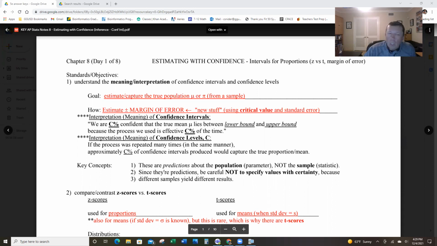The goal, as you can see from the cursor here, is to estimate or capture the true proportion, mu or pi. Mu is the true mean, pi is the true proportion. And that's the goal. You're trying to estimate it from a sample. In politics, it's really important to be able to know what is the true percentage of people that have confidence in the president, because presidential approval ratings are measured weekly in our country, for about 100 years.